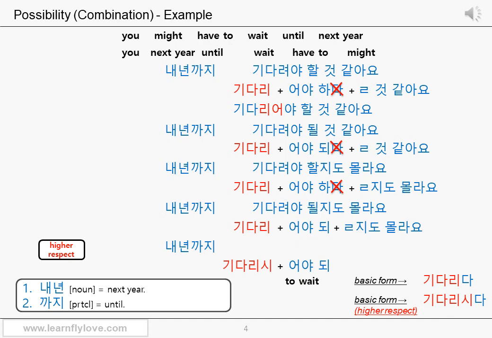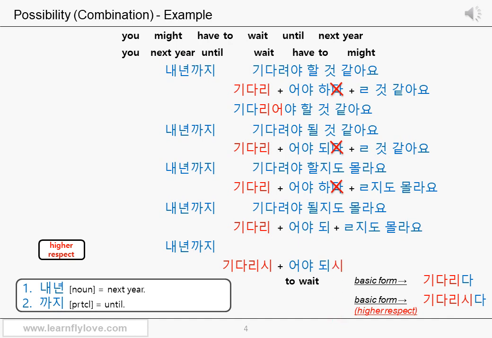As we told you, there's no fixed rule for this in Korean and nobody knows the exact rule. So we want to say that you can either turn it into the higher respect form or not. But let's just turn 어야 돼 part into the higher respect form too because it's directly related to the subject you anyway. It would make the sentence sound more polite anyway.